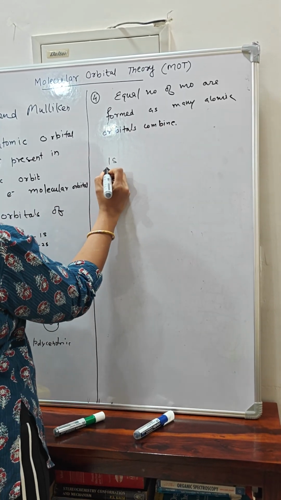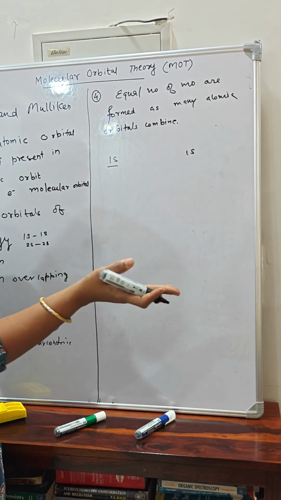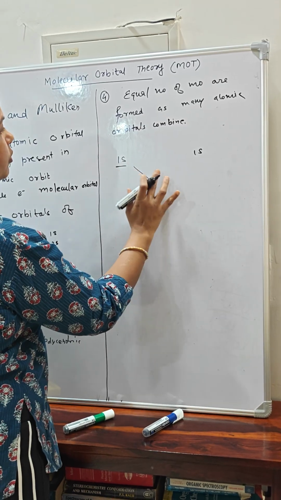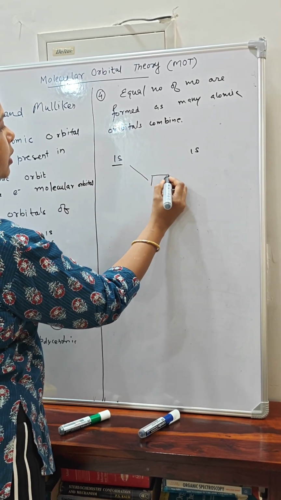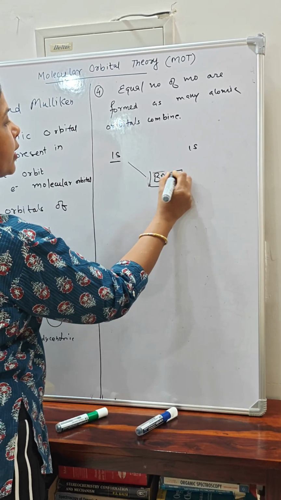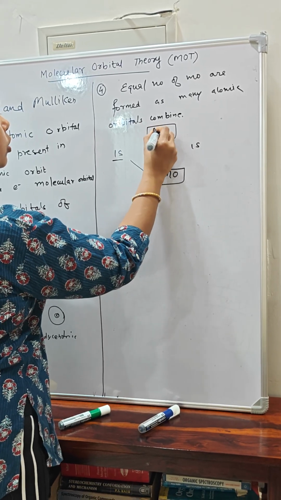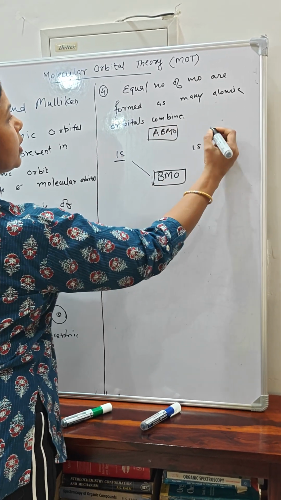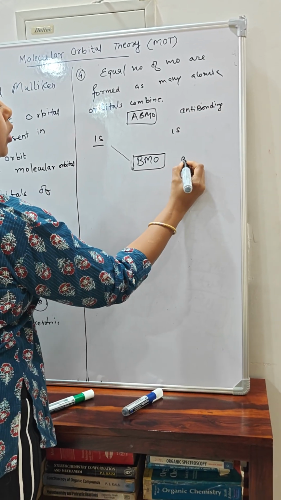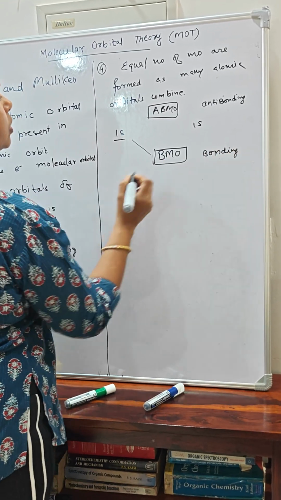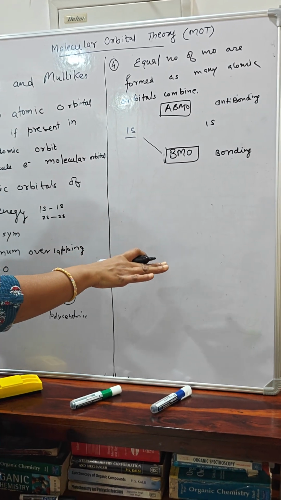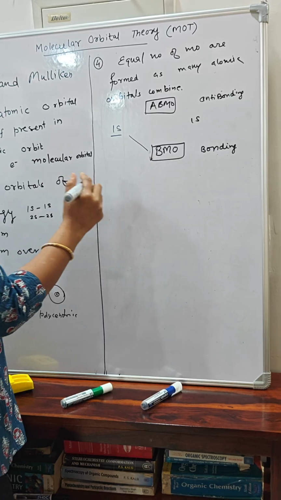If a 1s orbital combines with the 1s orbital of another atom, two molecular orbitals will be formed. One is called the bonding molecular orbital, BMO, and another is the anti-bonding molecular orbital. So an equal number of molecular orbitals will be formed. Half will be bonding and the other half anti-bonding.